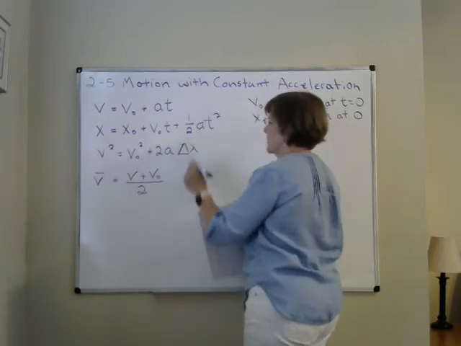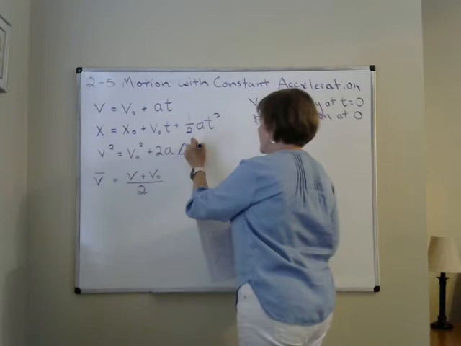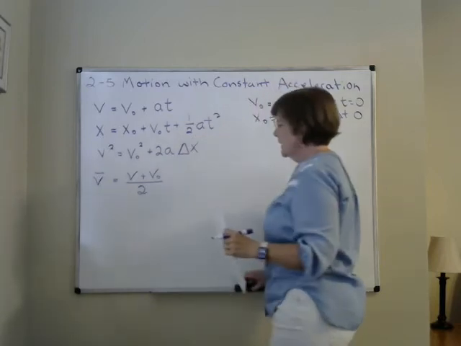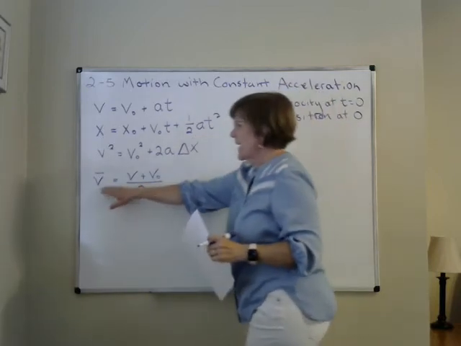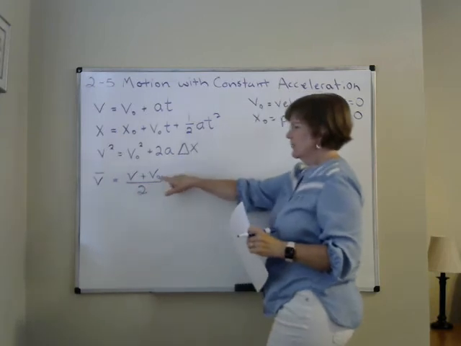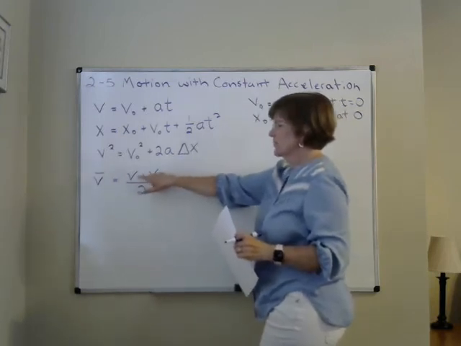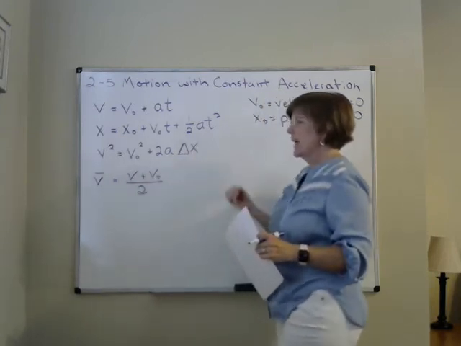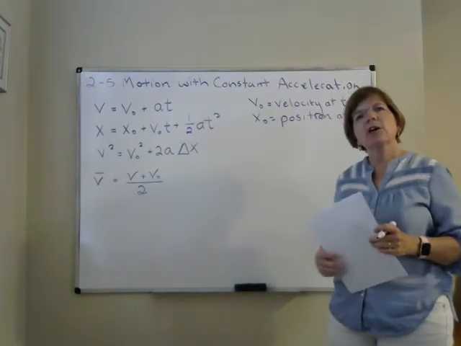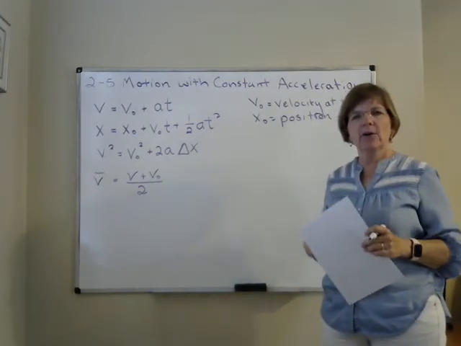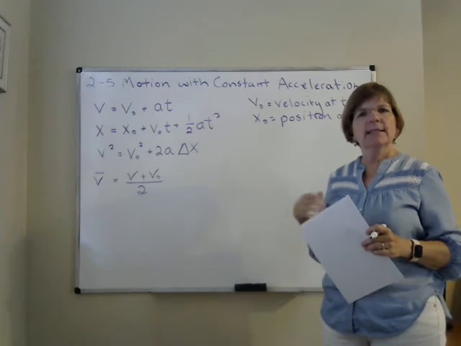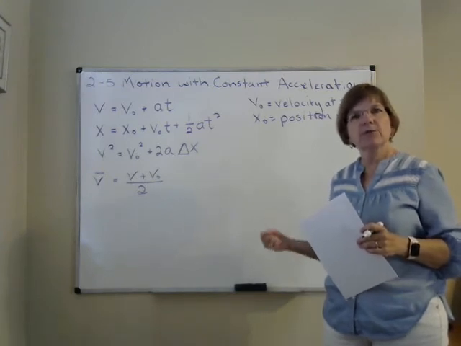This last one, if we think about it, is fairly intuitive. It just says that the average velocity is your beginning velocity plus your final velocity divided by 2. Now that's not true if you don't have a constant acceleration, but it's easy to show it's true if you do.